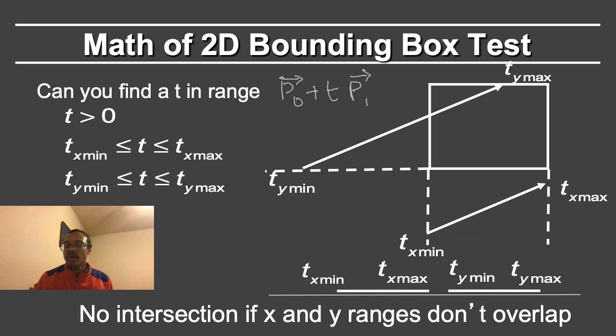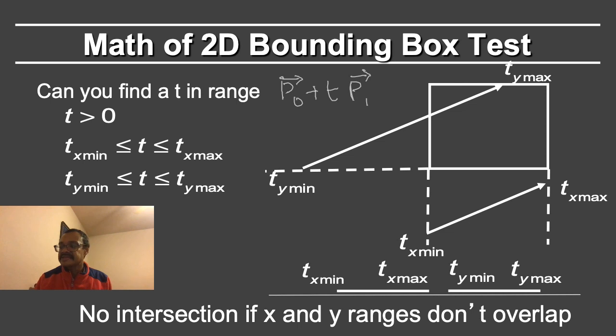Now, if you look at the geometry of the situation, the question is, can we find a t value such that it will lie between tx min and tx max, as well as ty min and ty max? Those correspond to the x and y ranges of intersection.